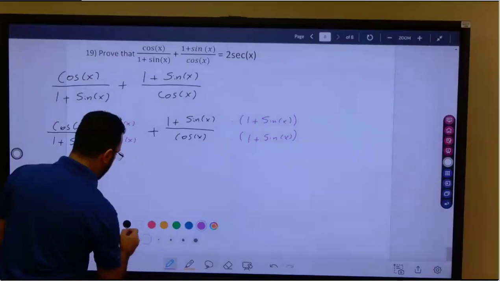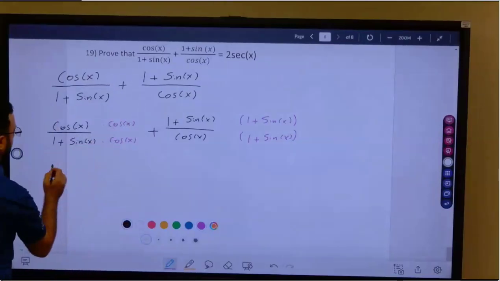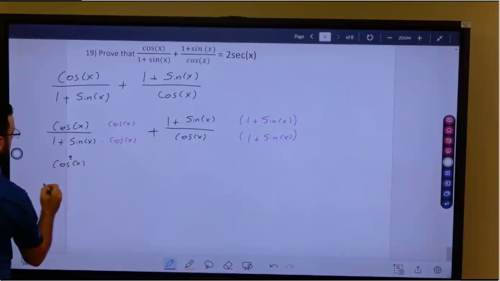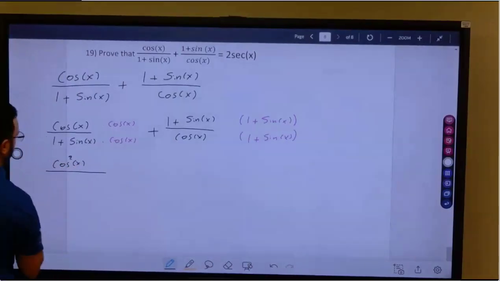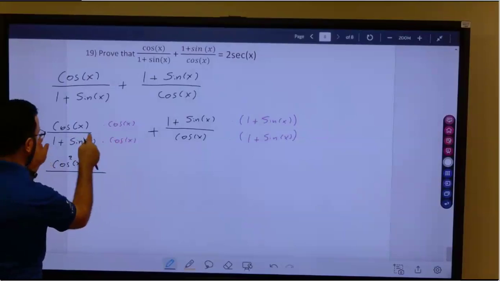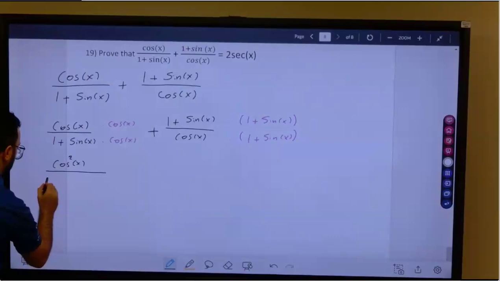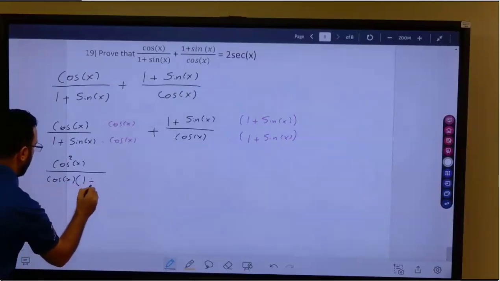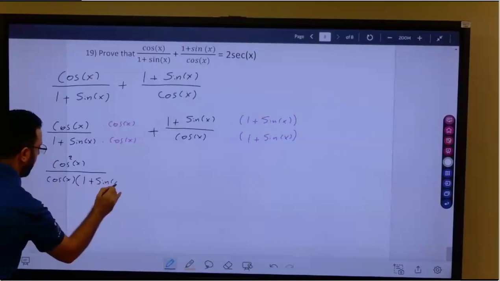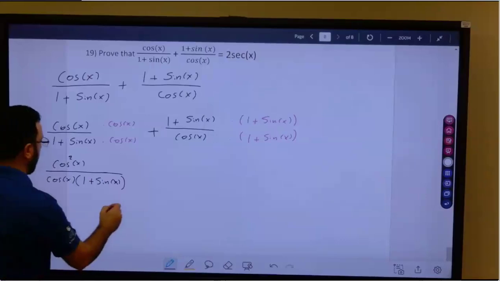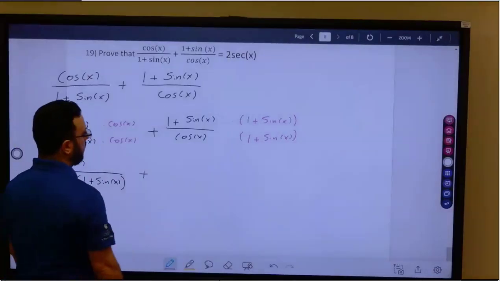So on this part here, cosine times cosine is going to be cosine squared x over. I don't have to distribute because of this binomial here; just write it down as cosine x and 1 plus sine x. You can keep it like this. The same thing with the other side. Here's a plus.